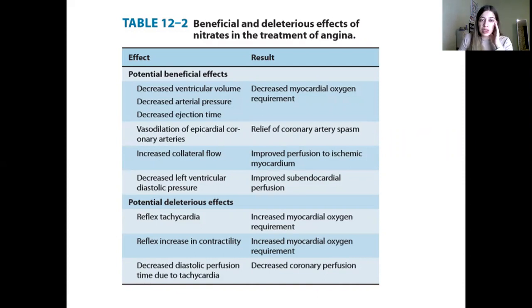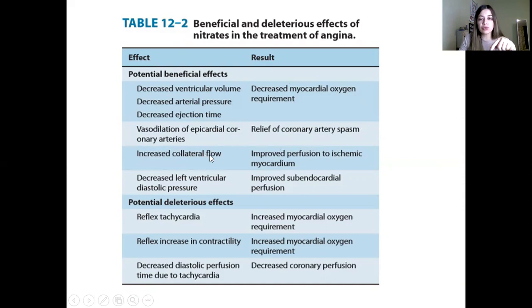Here we can see the effects of the nitrates for the treatment of angina and the results of these effects. So what do we have? The decreased volumes of the heart, they are the principles of the work, decrease the myocardial oxygen requirement. The vasodilation of epicardial coronary arteries relieve the coronary artery spasm, which helps to give more oxygen, yes, to the heart.